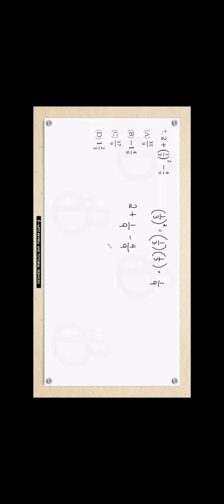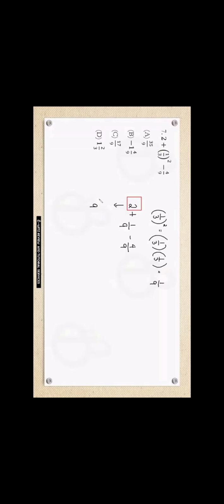Also take note that 2 can be written in a way that its denominator should be 9, so that it will be easier to find the result here. Now let us change 2 such that the denominator is 9.